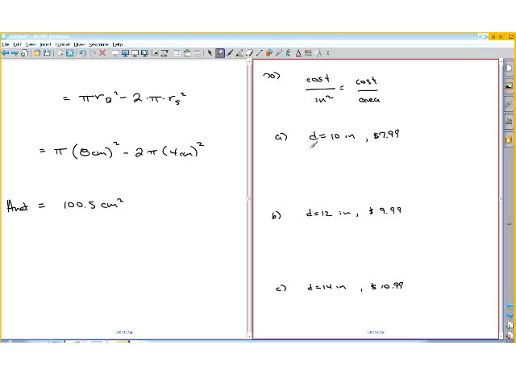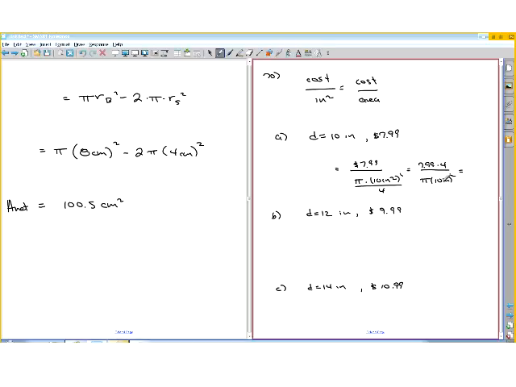So what we're doing is cost per area. All we have to do is take the cost, which is $7.99, divided by the area, which for a circle is pi d squared over 4. So it's 10 inches squared divided by 4, which is the same as $7.99 times 4 divided by pi times 10 inches squared.